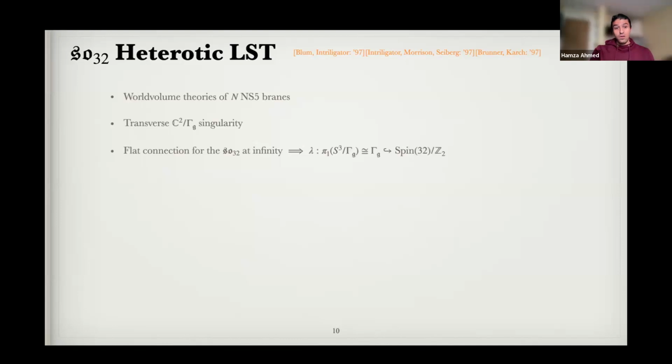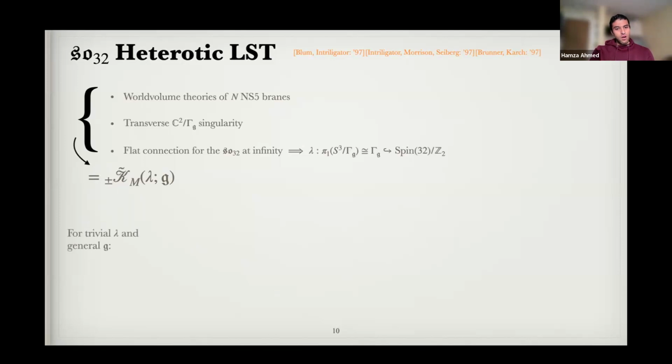And furthermore, we have two kinds of SO(32) heterotic LSTs. Again, this won't be very important for this talk, but just for completeness, one class is known as the theories without vector structure, and the other class is with vector structure.